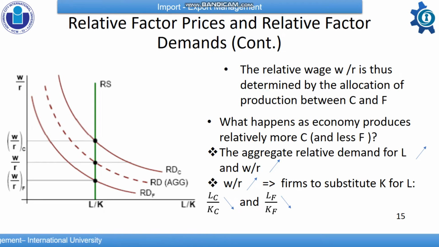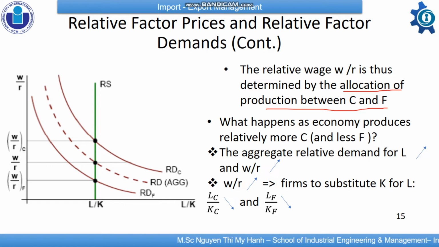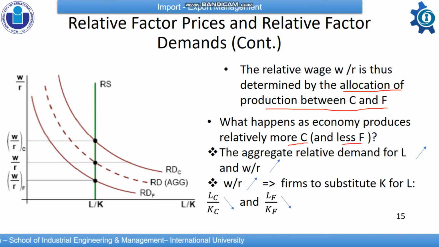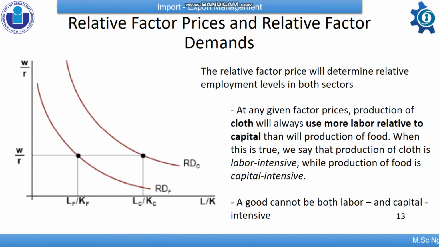The relative wage is determined by the allocation of production between the cloth and food. So what will happen if we produce more cloth and less food? We can see that if we produce more cloth, as we talked about earlier, the production of cloth is labor intensive.